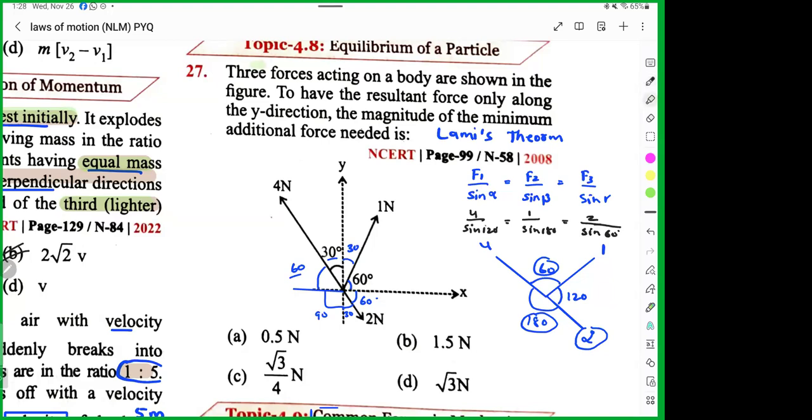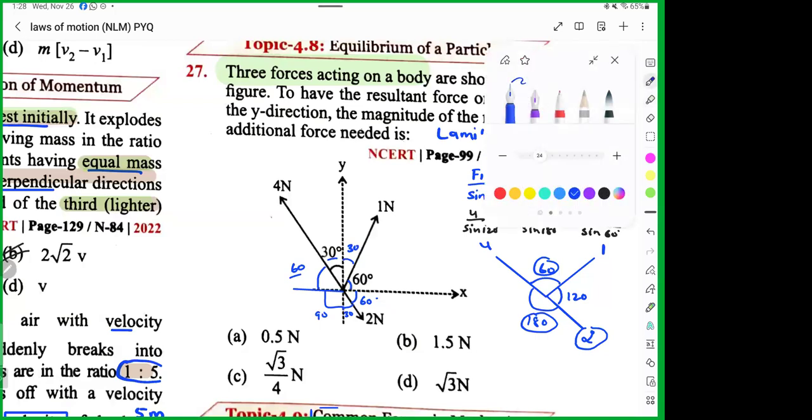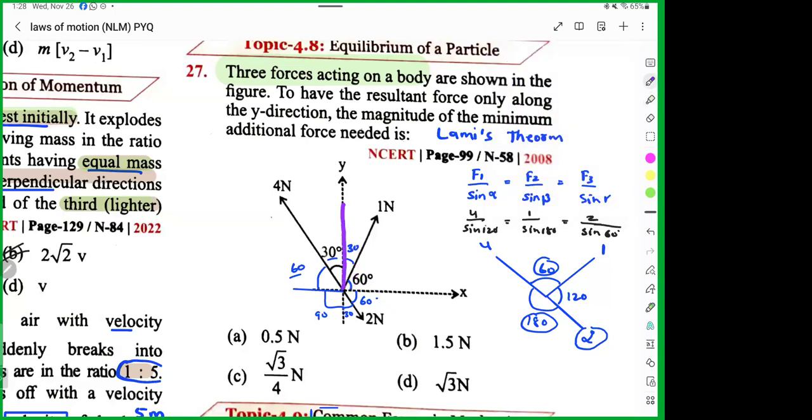Now we can read the question. Three forces acting on a body shown in the figure. To have the resultant force only along the y direction, you have to solve this question in this way. The total force should be present in the y direction. You should have resultant force only along the y direction, either positive or negative. Correct?